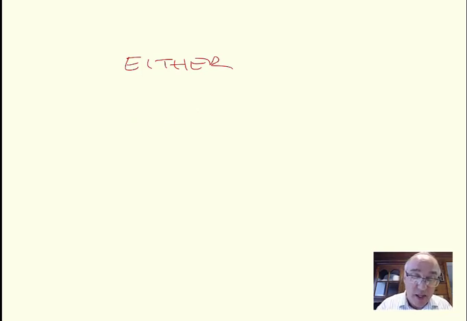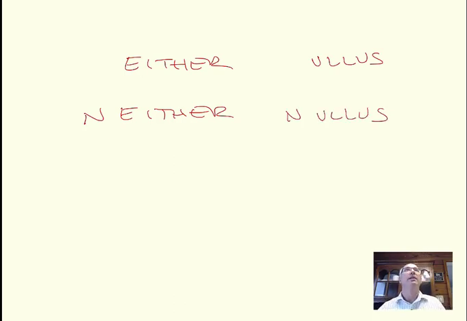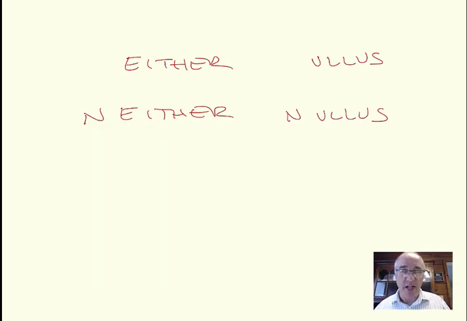We do the exact same thing: either, neither. We have some and none. Peculiar, isn't it? Either and neither are exactly the same in Latin, ullus, nullus.